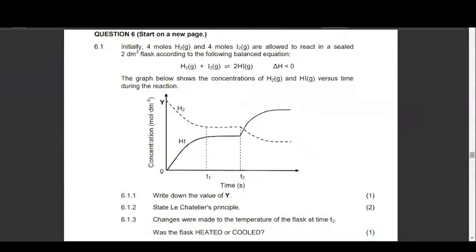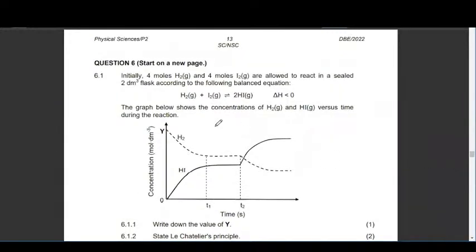Question 6, they're saying that initially 4 moles of hydrogen, yes, and 4 moles of iodine allowed to react in a sealed 2 decimeter cubed flask according to the following balanced equation.